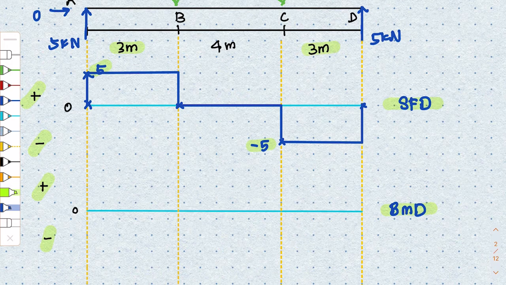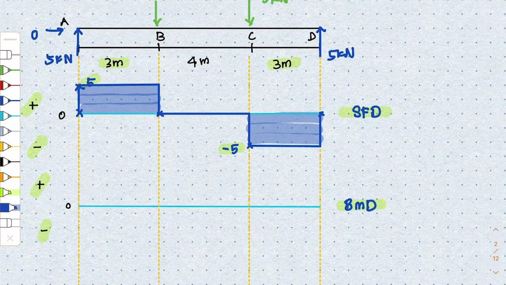So kita boleh dapatkan moment. Okay, nak senang cerita, kita kira macam kita kira area. Area mana? Area yang ada rectangle ni. Kenapa kita abaikan B to C? Dia tak ada area. So kita tak boleh kira. Okay. So sebenarnya dia punya application sama lah macam kita kira area, but it's actually a moment.